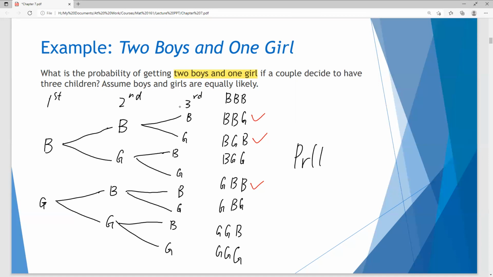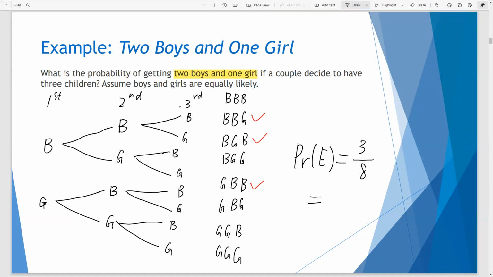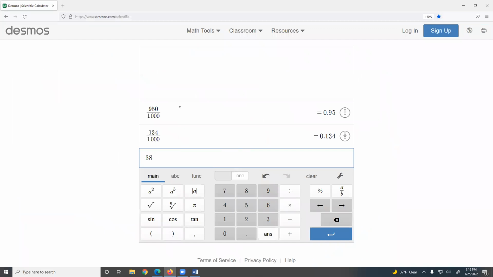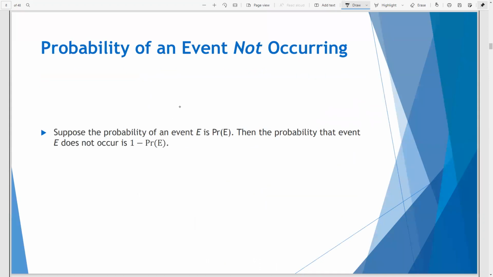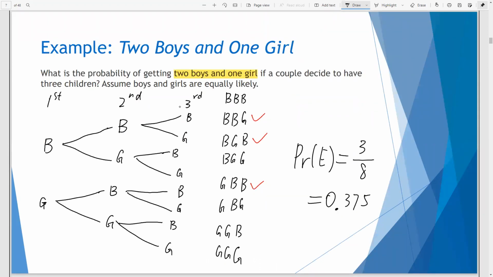So the probability of this event is 3 cases possibly happening over 8 total outcomes. If you want to convert to a decimal, 3/8 is 0.375. Or if you want to convert to a percentage, that's okay too, 37.5%, right? That's just a finite decimal. That's the 2 boys and 1 girl case.